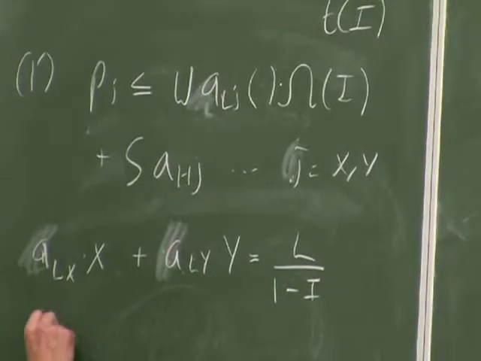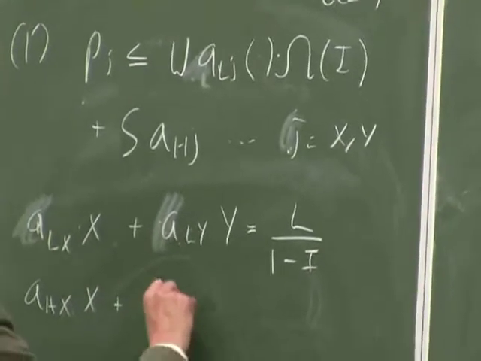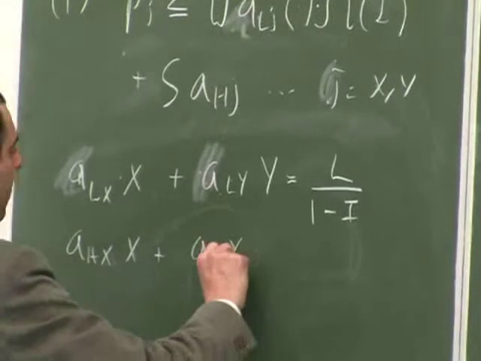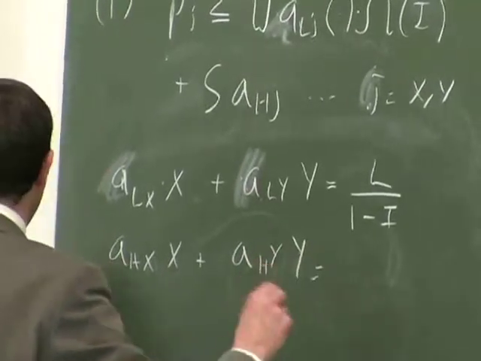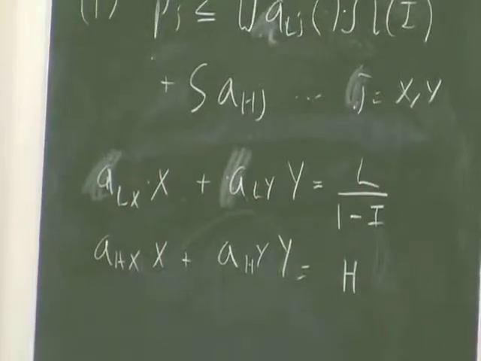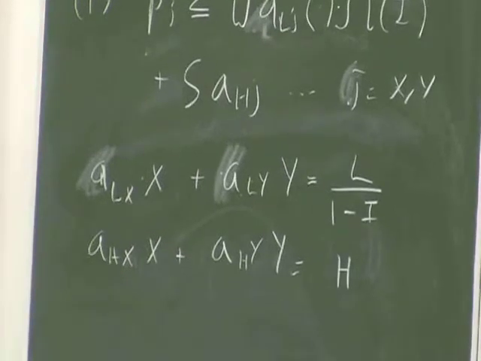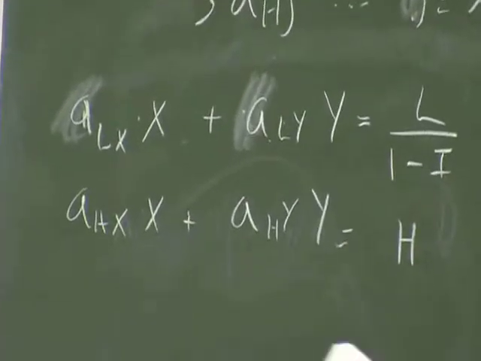And A times HXX plus A times HYY is still going to be equal to H. So we have excess labor in low-skill activities, but no change in labor in high-skill activities, because for the moment we've assumed that all the offshoring is going on in low-skill activities.